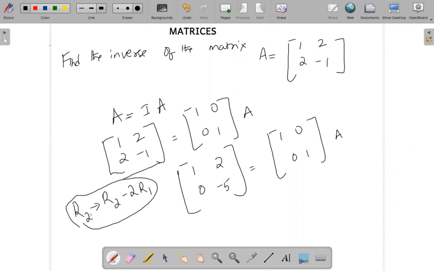Now further we'll apply on this. So let us apply on this. Now let us apply that. So what do we get?